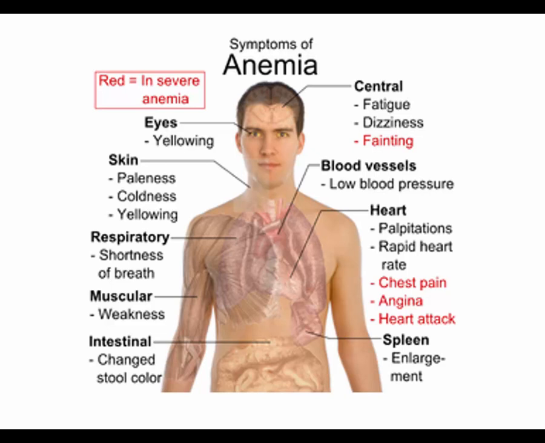What do you think is going to do to your heartbeat? It's going to increase the heartbeat. So what is it going to do to your temperature? It's going to decrease. That's why these people who have anemia are always cold. The color of the skin is going to be very white and pale.